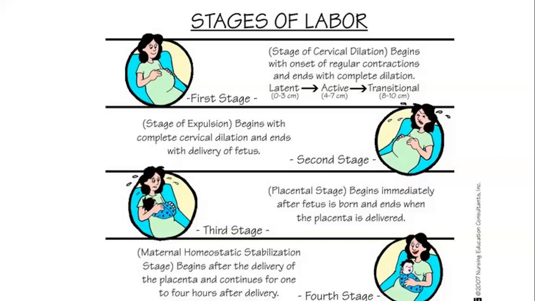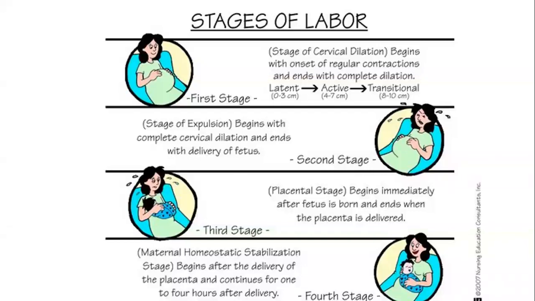Next, stage 2, which we call birth or expulsion. The stage of expulsion begins with complete cervical dilation and ends with delivery of the fetus.